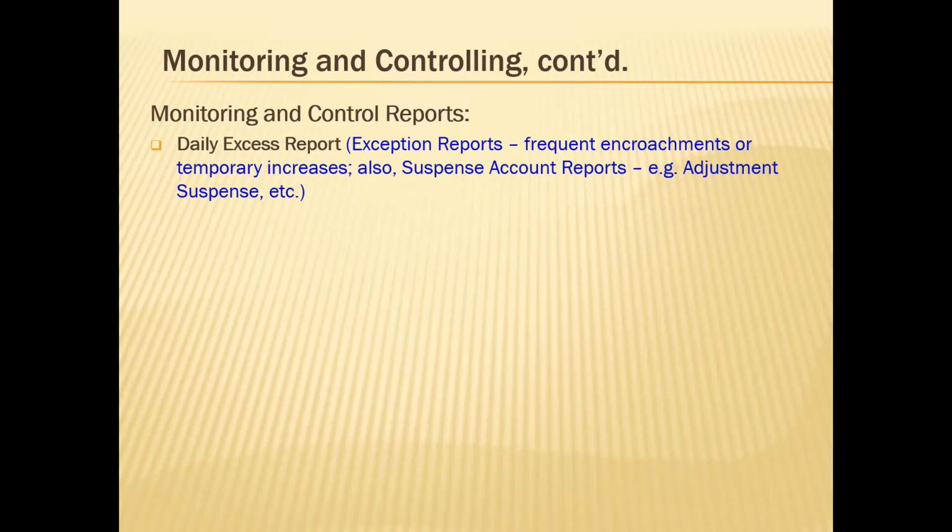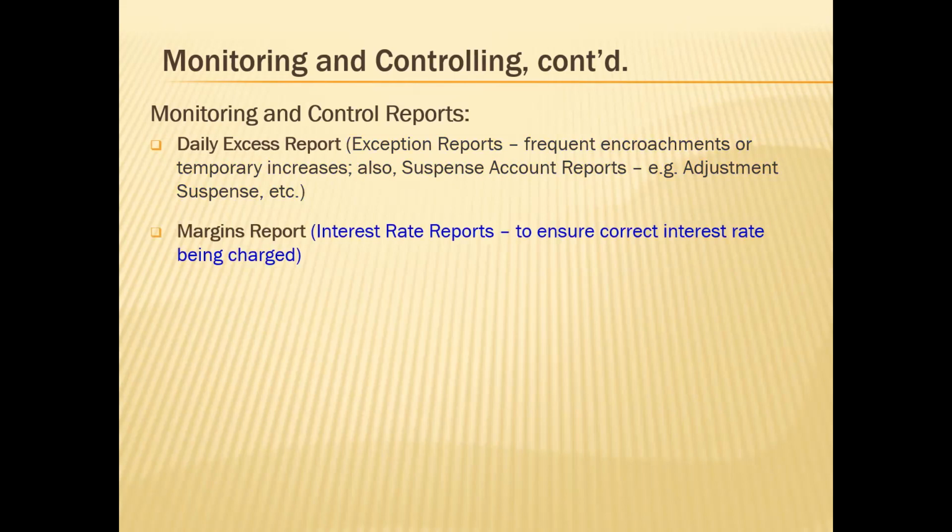Also in the exception reports would be things like anything else that may be out of the ordinary. Okay, I was about to talk about interest rates, because those are exception reports, but that's the next one that we're going to actually look at when we look at the margins report.